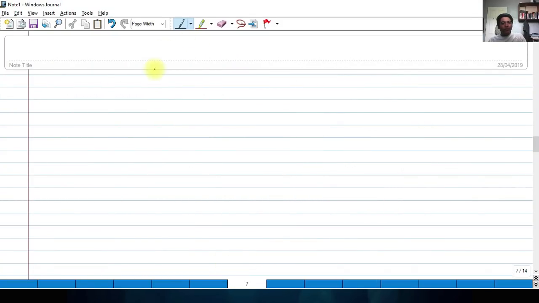For example, you have a cup of water here, and this is cold water. Let's say the temperature of the cold water is 15 degrees Celsius.